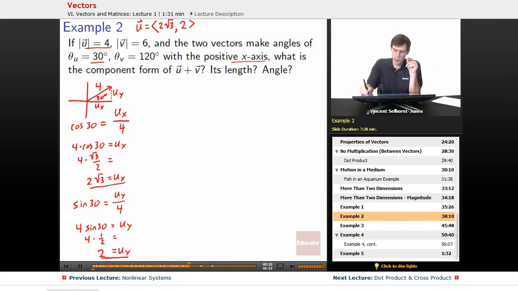Now, I want to point something out before we keep moving. Notice, right here, we started at sine 30 equals uy over 4, but we always get to this 4 times sine 30. So if you know the length of your vector and you know what angle it's at, you can actually just hop to length of thing times cosine or sine, if it's side adjacent or side opposite, respectively, of the angle, and that will just give you what that side adjacent or side opposite is.